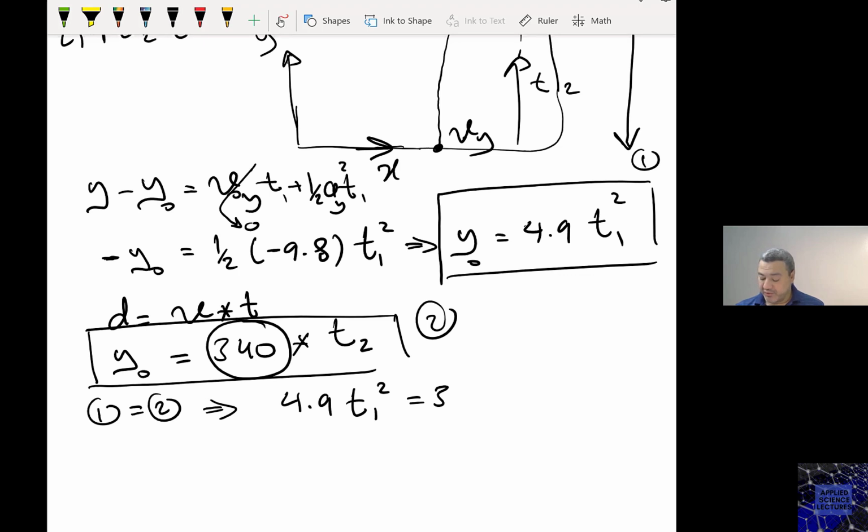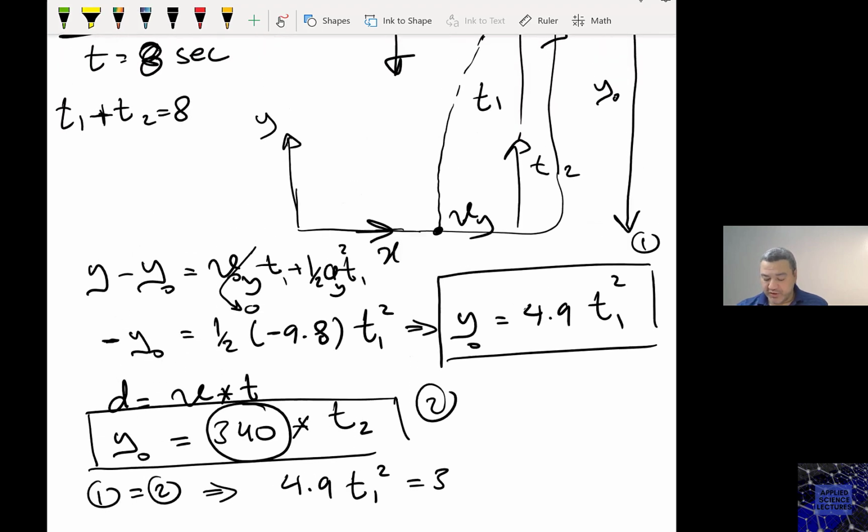Here I said 340, but if I want to be precise, I will use this temperature dependent equation: V equals 331 plus 0.606 T, where T is the temperature in degrees.